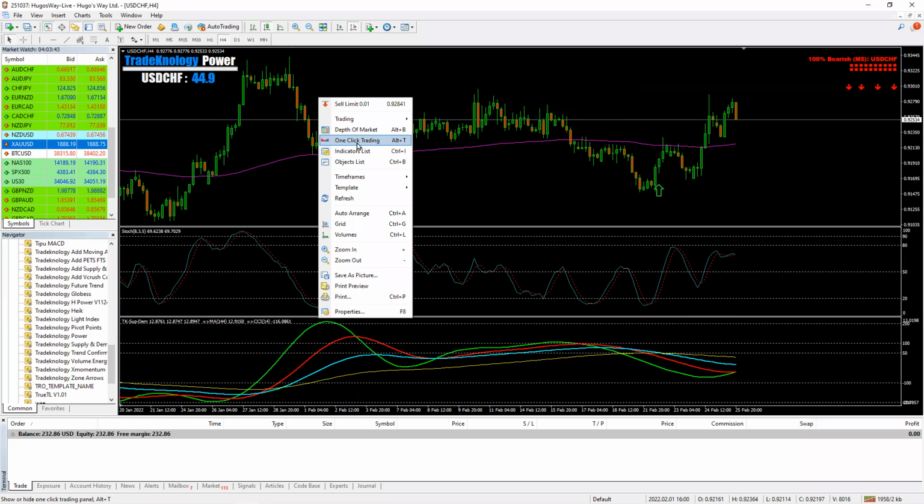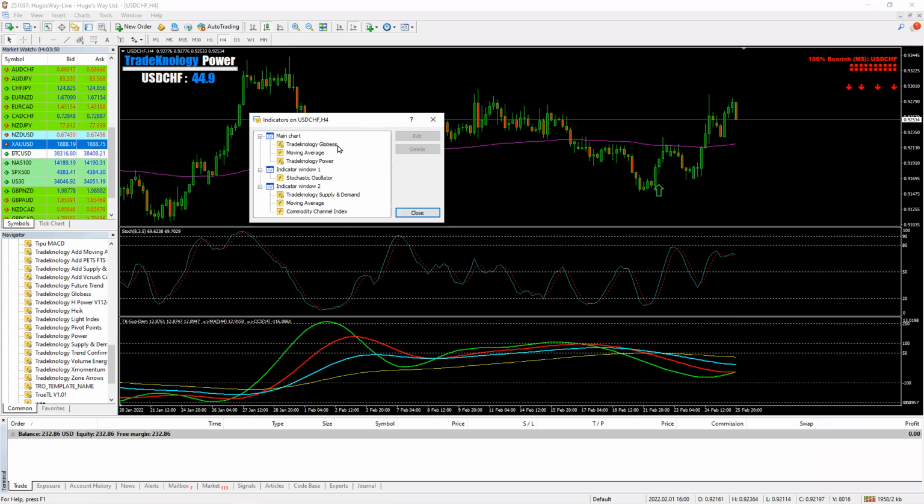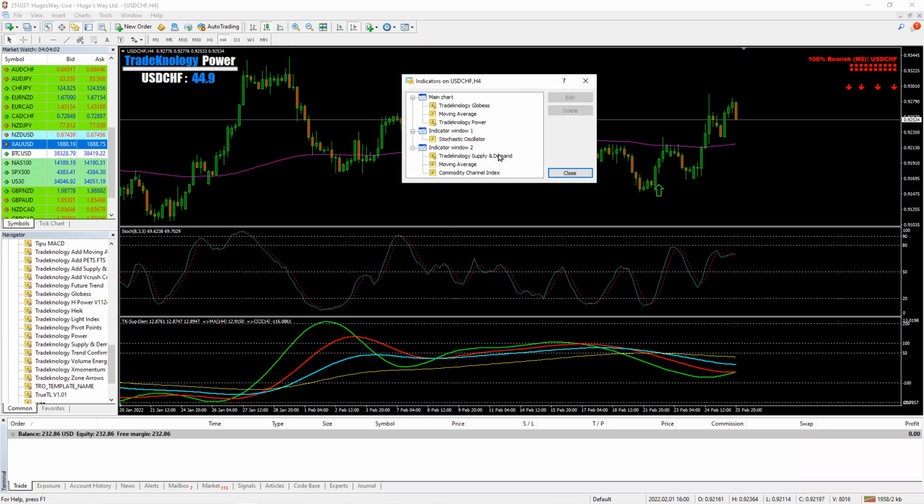several indicators that are working at one time. Let me bring the list out. You have the globalist indicator, you have a moving average, and you have the technology power. Those are the indicators that are going to be over here on top. And then at the bottom, you have the supply and demand, which is this green, red, and blue line. Then you have another moving average, which is what the yellow is.